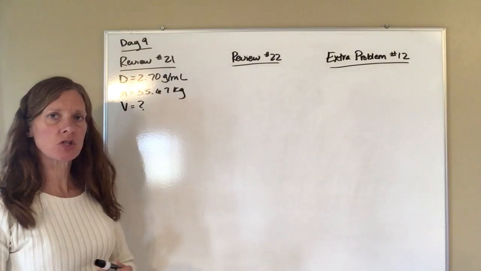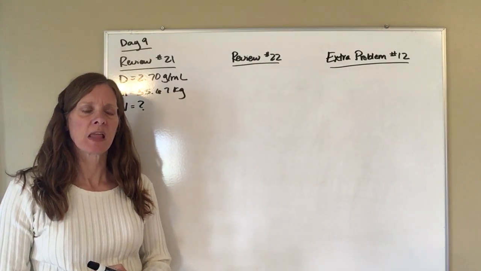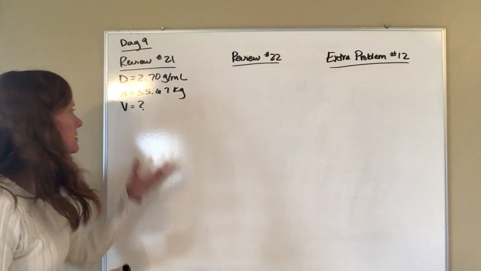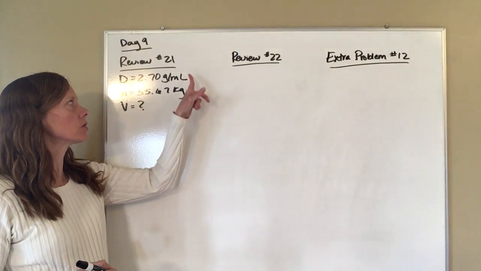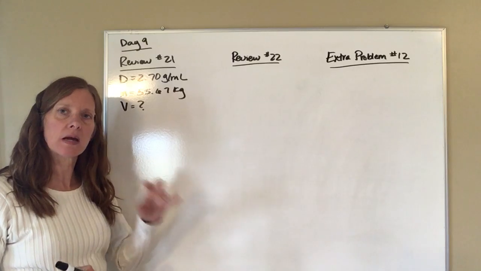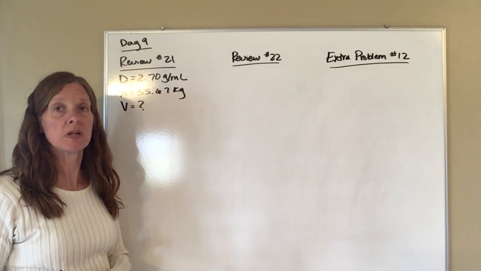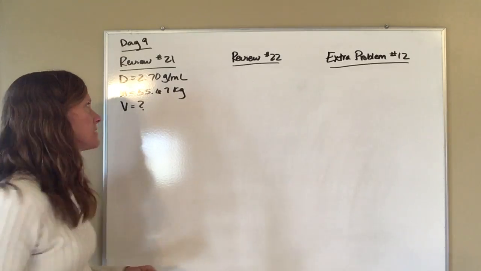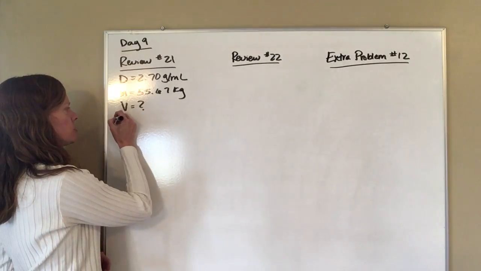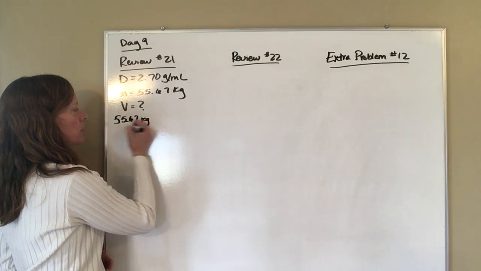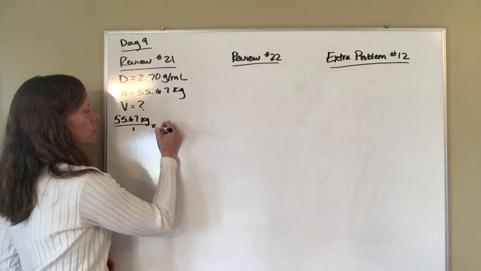You always have to watch these problems because they don't always give you units that match up, and that's the case in this problem where I have a mass in kilograms and a density in grams per milliliter. And the mass portion of those units has to match. So the first thing I need to do is change my mass units in kilograms to units in grams.